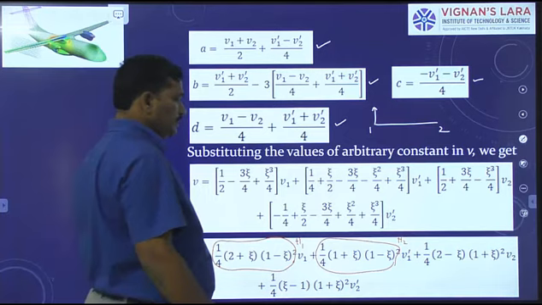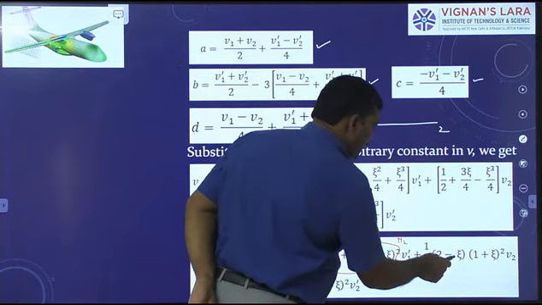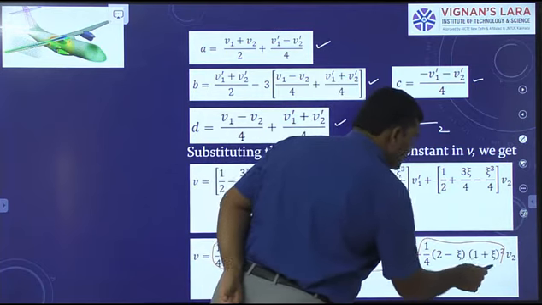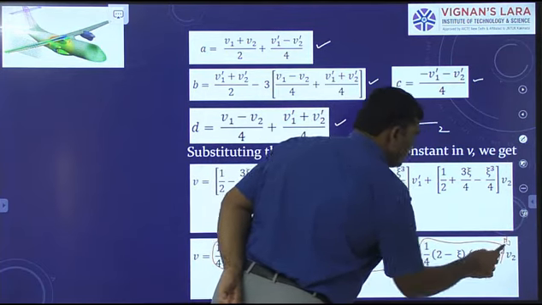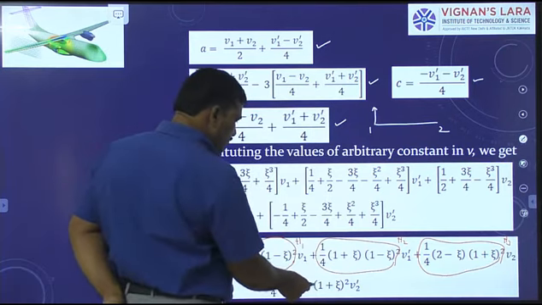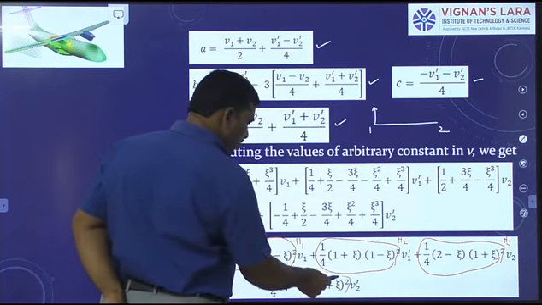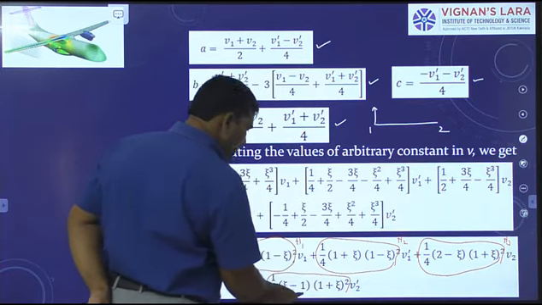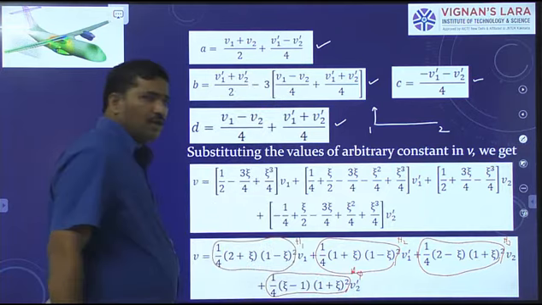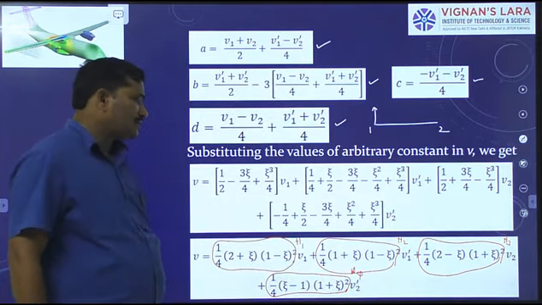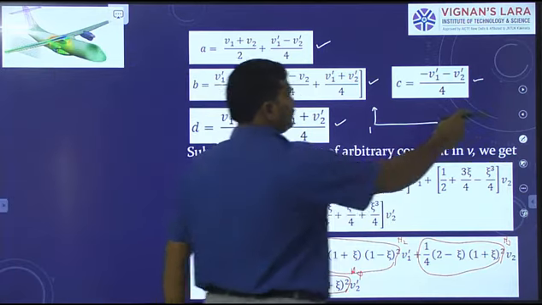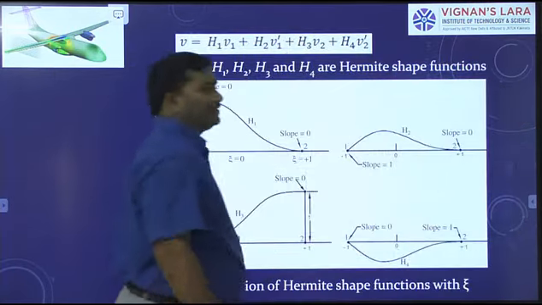Next, 1 by 4 into 2 minus j into 1 plus j whole square. This is the shape function H3. 1 by 4 into j minus 1 into 1 plus j whole square. This is the shape function H4. Where H1, H2, H3 and H4 are the Hermite shape functions. Very, very important.